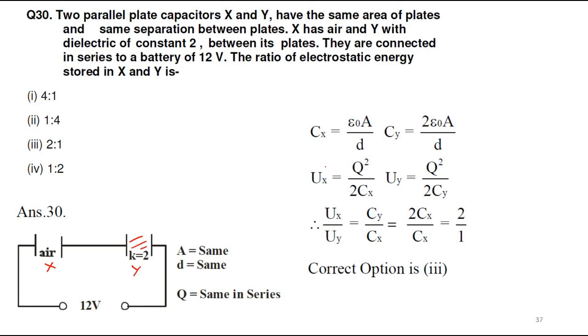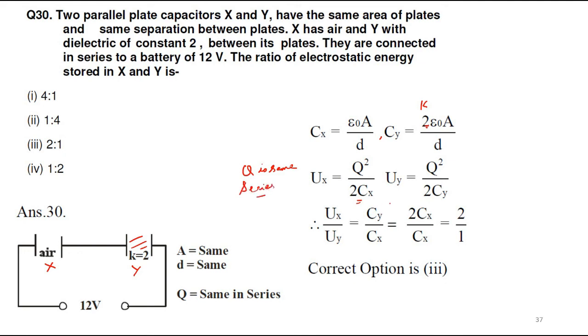So proceeding like this, capacitance X is epsilon naught A by D. Capacitance of Y is 2 epsilon naught A by D. This is only that dielectric constant K, which is equal to 2. So energy Q squared by 2C formula is used because Q is constant, Q is same. Why Q is same? Because they are in series.